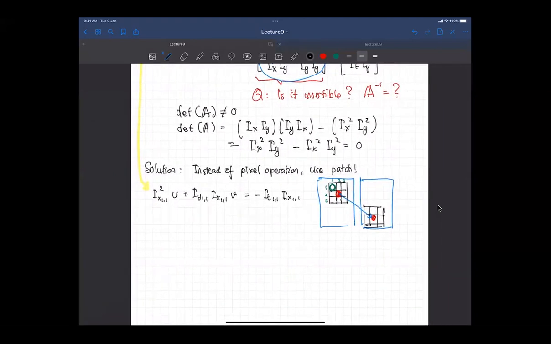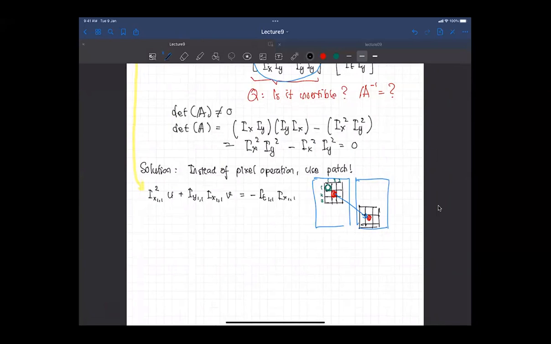Okay, so I got the second one: Ix1, 2 squared u plus Iy1, 2 Ix1, 2 v equals minus It1, 2 Ix1, 2. I do this for every pixel, 9 pixels, and then I sum them.